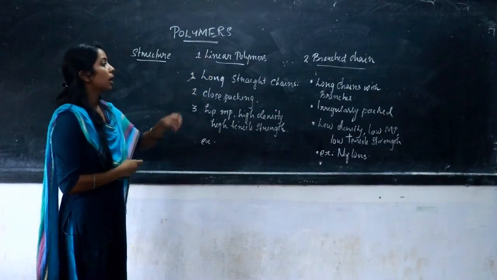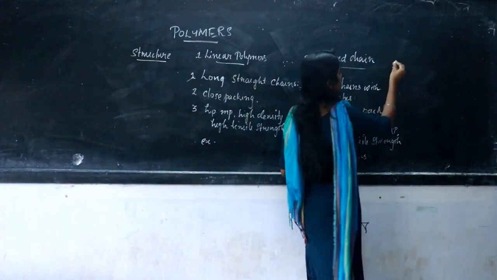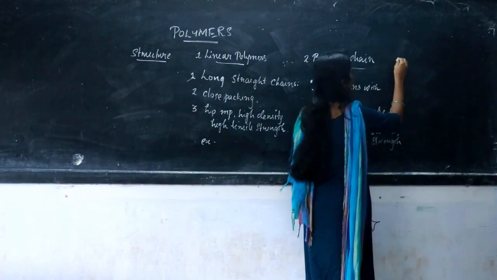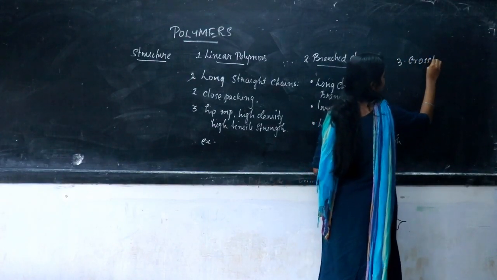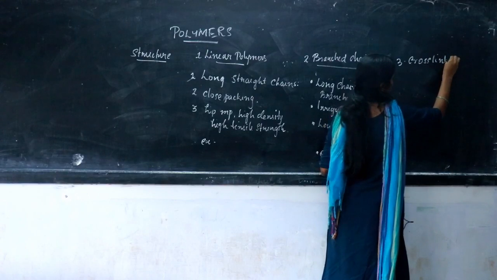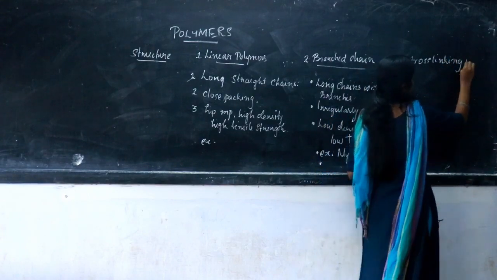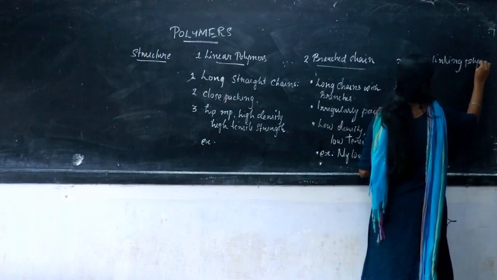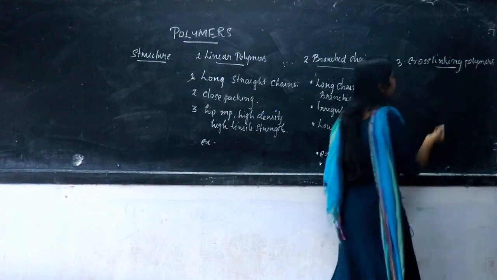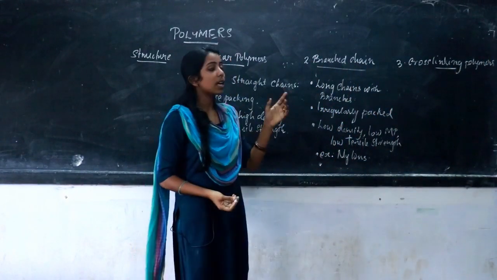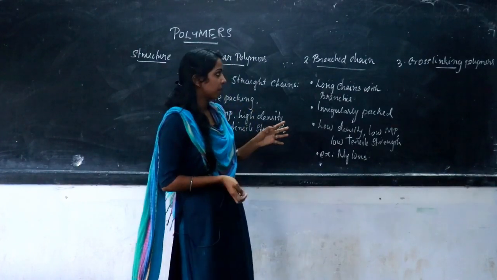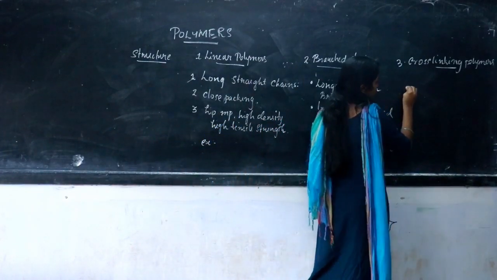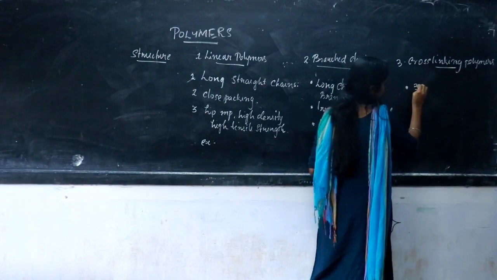Now the third classification based on structure is cross-linking polymers. In cross-linking polymers, monomers are linked together in such a way that a 3D structure is formed.